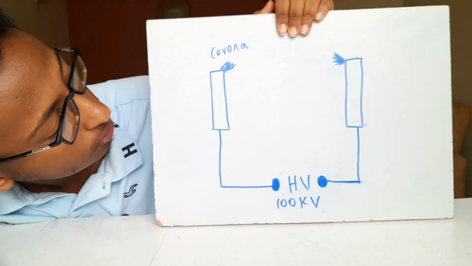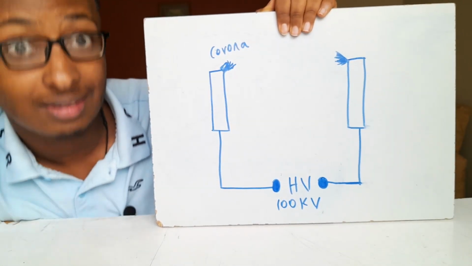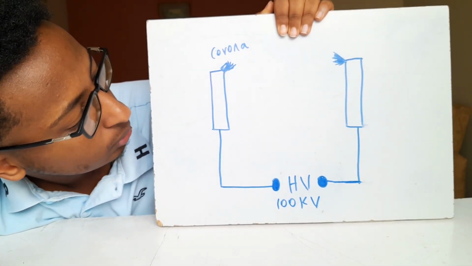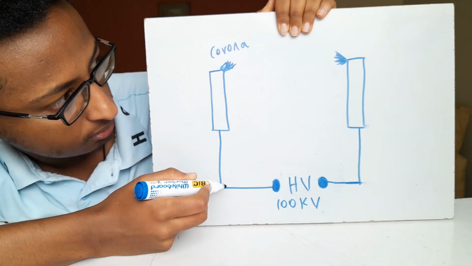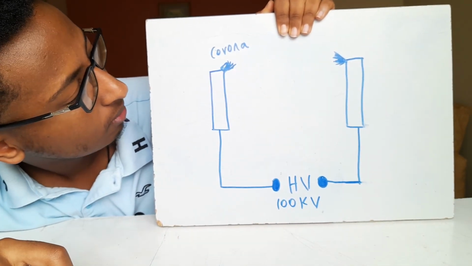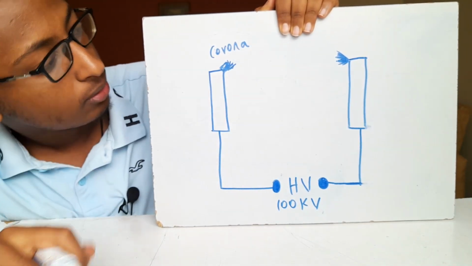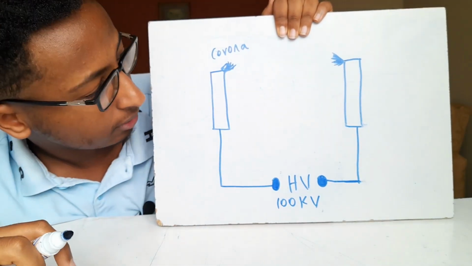Corona is made of small suspended ions and electrons at high speed trying to jump from one electrode to another. The more we bring them close together, something starts to happen.